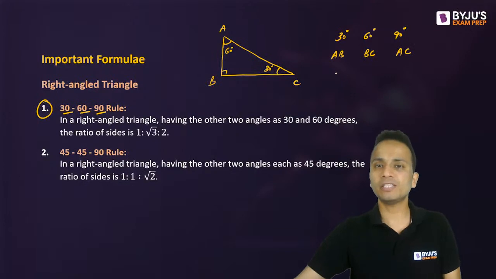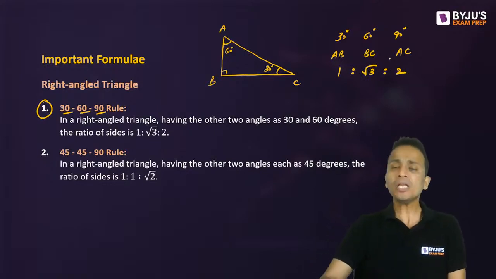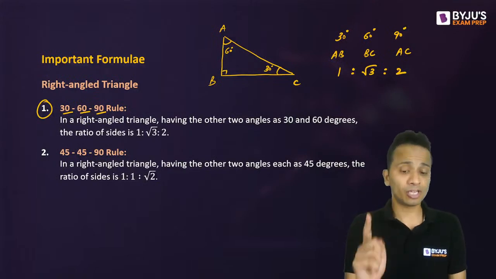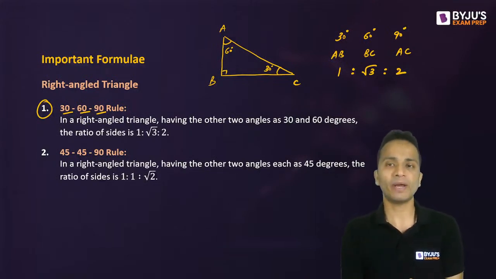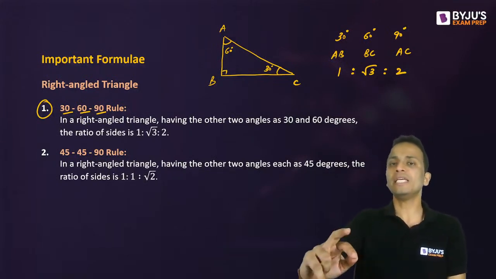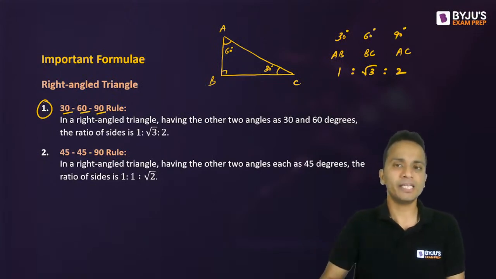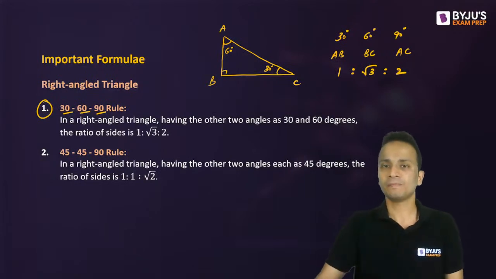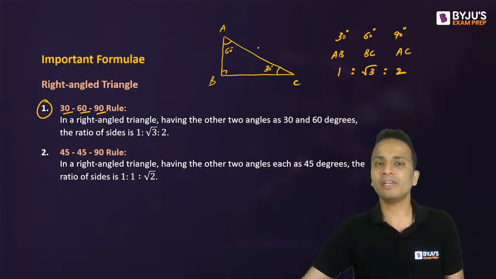So the ratio of these three sides will be equal to 1 is to under root 3 is to 2. Okay. So if any one of the three sides is given in a 30, 60, 90 degree triangle, then you can easily write, you can quickly write the length of the other two sides. For example, let's say I am given AC, I am given the hypotenuse, let's say it is given as 10.